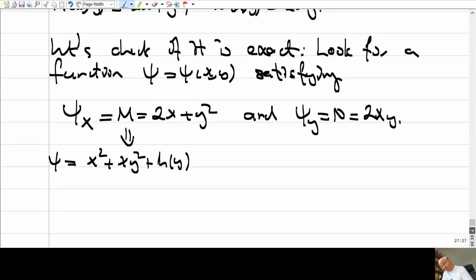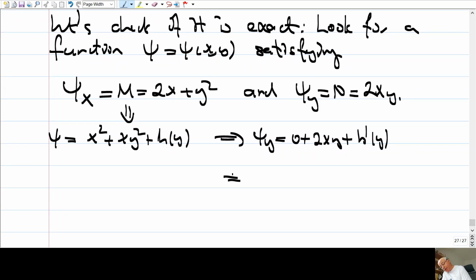Okay. And what is this h of y? Well, I will determine h of y using this equation. Why is that? Because you see, psi xy is equal to this. Therefore, its y derivative is equal to what? It is 0 plus 2xy plus h prime of y. And this should be equal to 2xy.